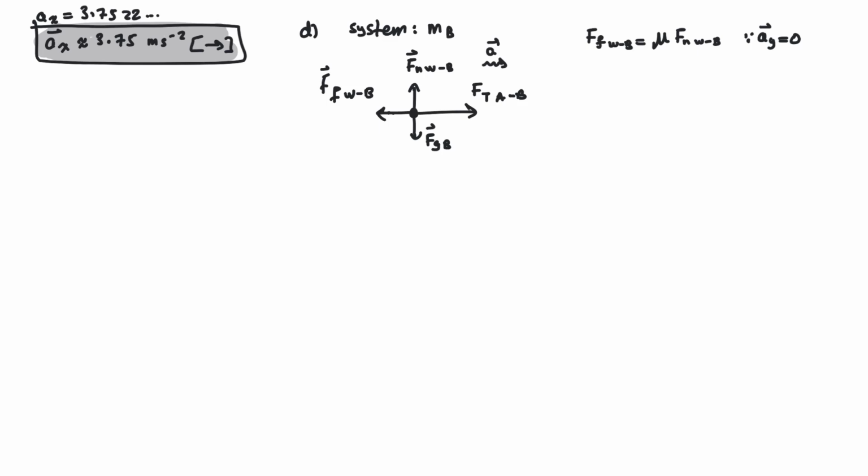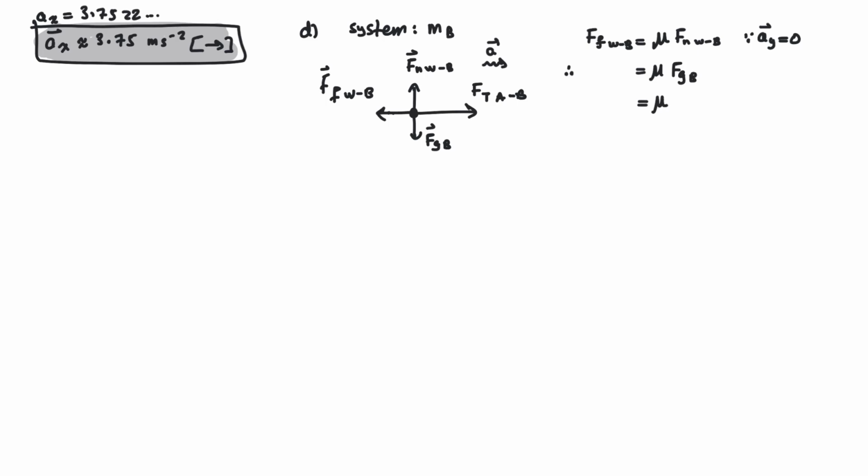Therefore, this is going to equal mu, and this force over here, which is the normal force, is going to equal the force of gravity acting on B. No problem so far.